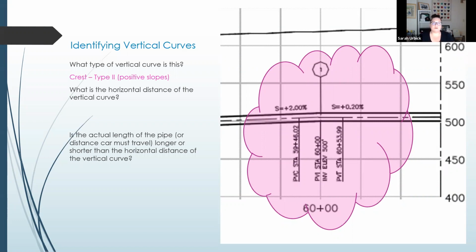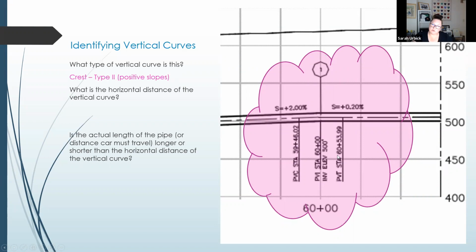What is the horizontal distance of this curve? So what's our L value? We have a starting point and a stopping point. Okay.